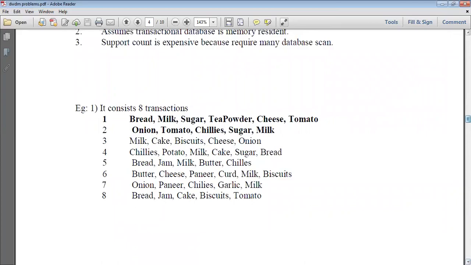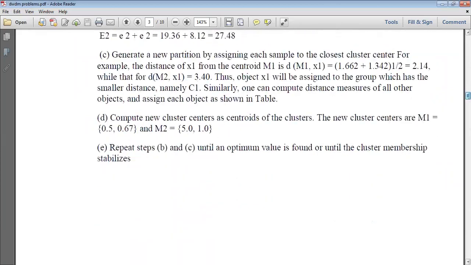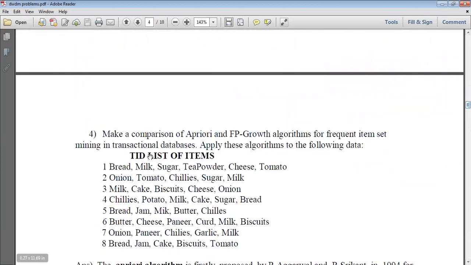It consists of 8 transactions, with transaction IDs and lists of items. One customer may purchase bread, milk, sugar, tea powder, cheese, tomato. Like this, there are 8 transactions, with different people purchasing their items.